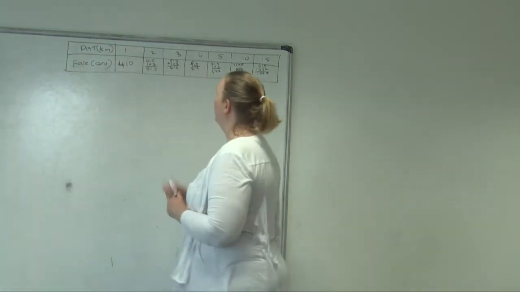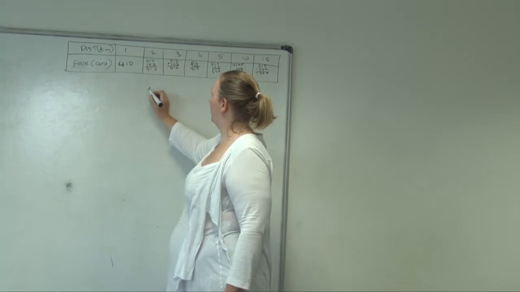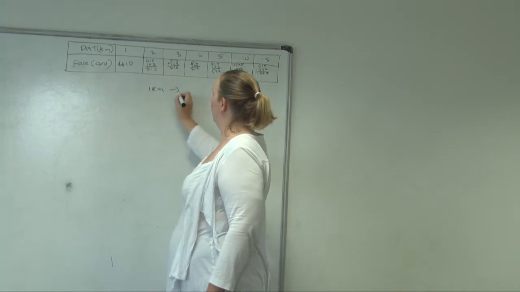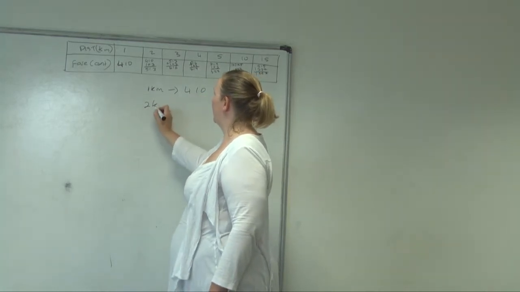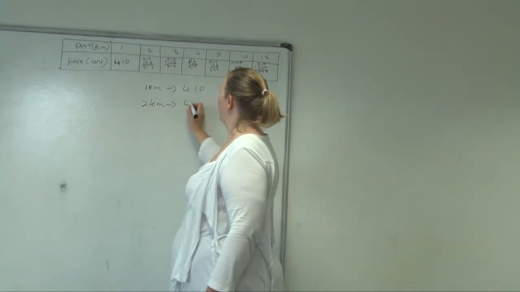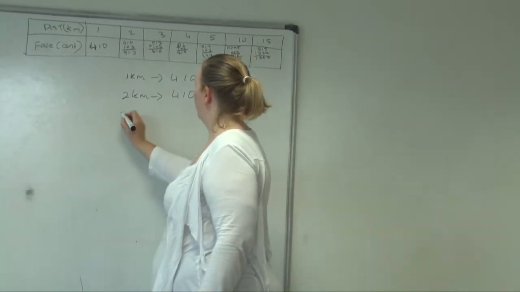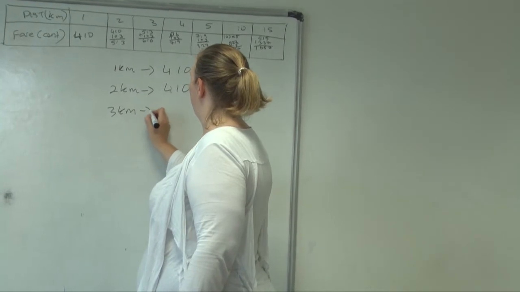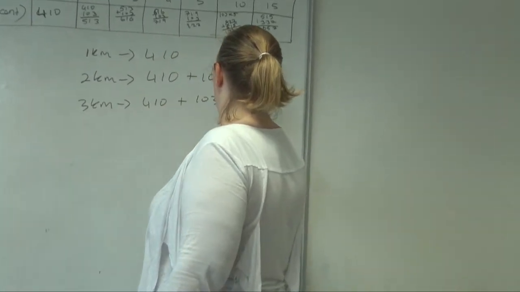You have the first kilometre. First kilometre is 410. Your second kilometre, and you're looking for a pattern here, is 410 plus 103. Your third kilometre is 410 plus 103 plus 103.